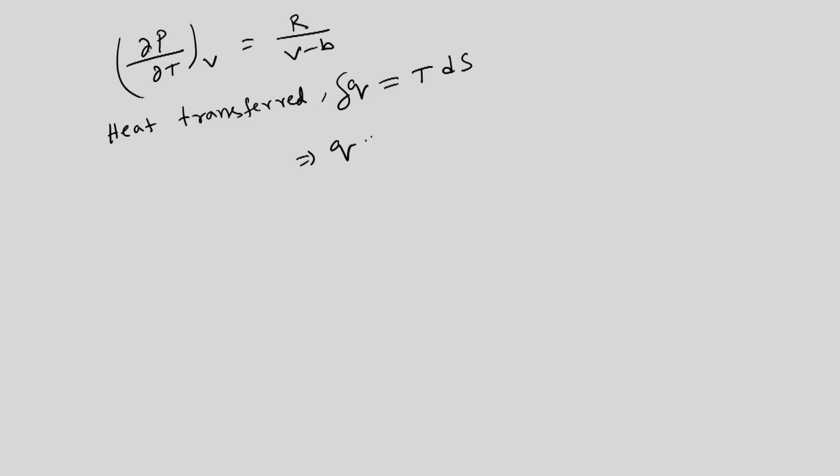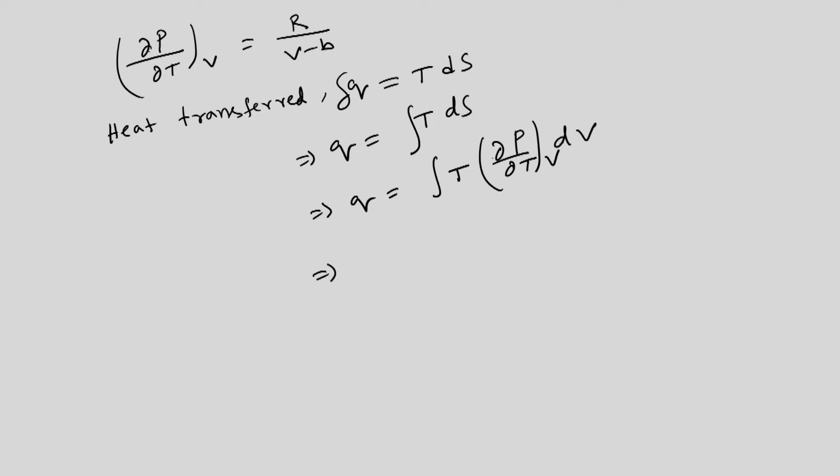So T dS is nothing but T times del P by del T at constant volume times dV.